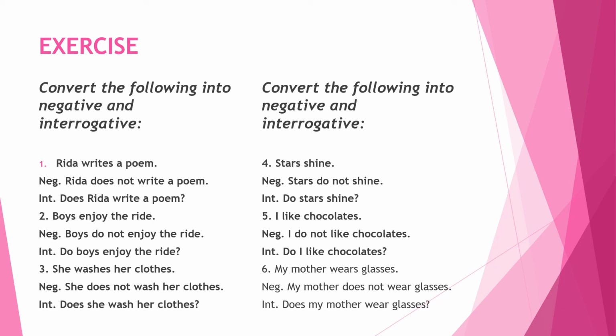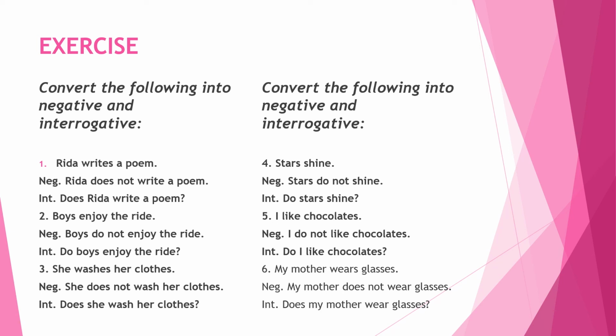Now, its interrogative would be, does she wash her clothes? So I hope you have understood the concept: if you have a singular subject, what should you do in the negative sentence? And if you have a plural subject, what should you do in the negative and interrogative sentence? And what should you avoid in the negative and interrogative sentences?